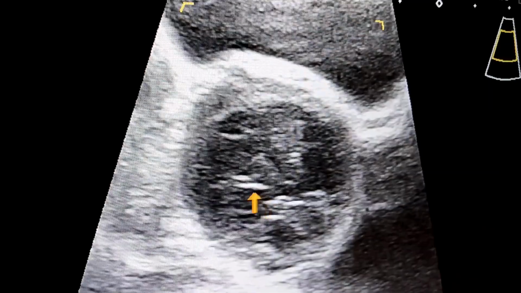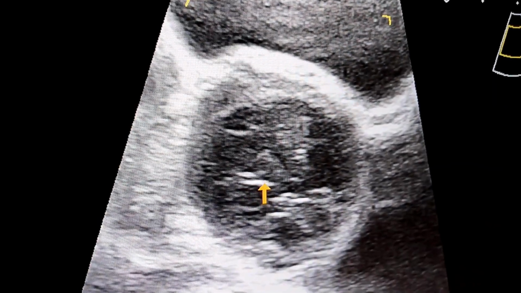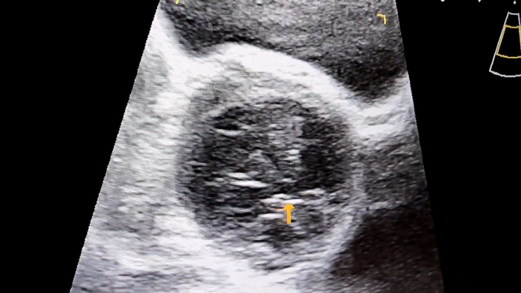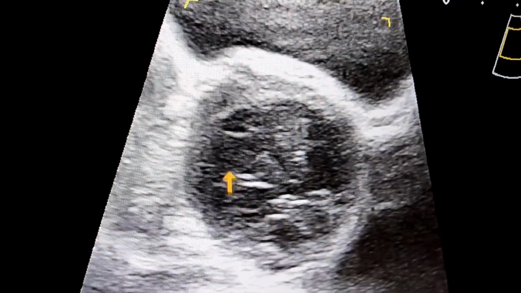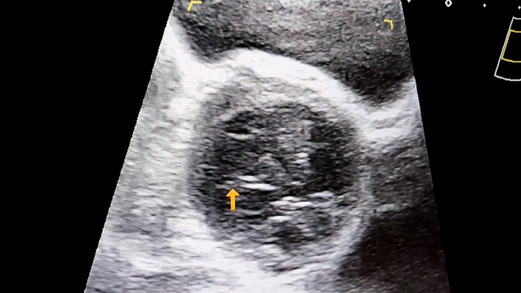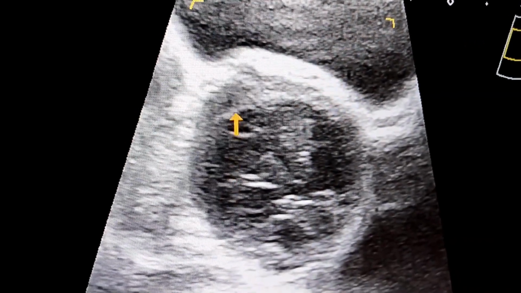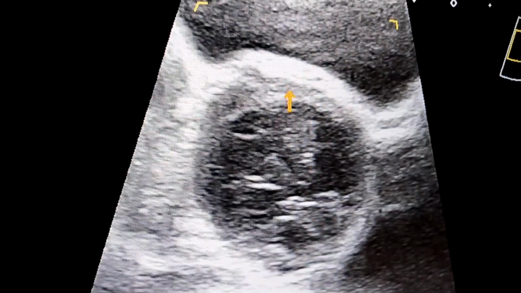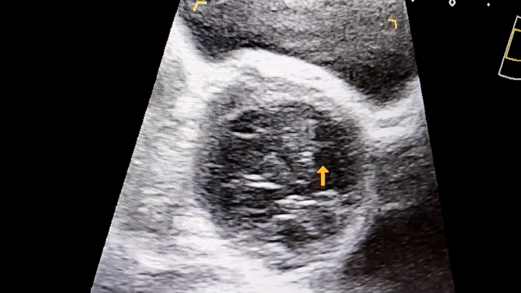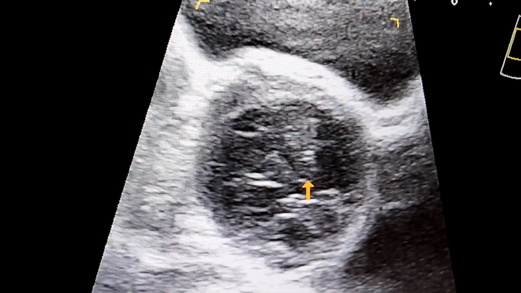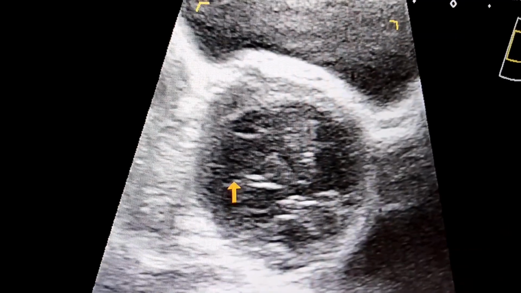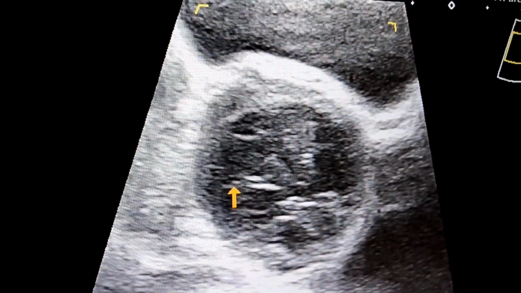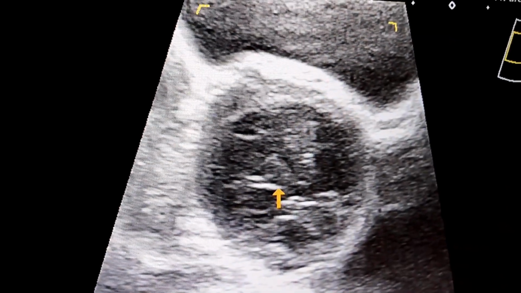So look here, these are the echogenic dot lines, this dot line, this dot line. So multiple echogenic dot lines are present within this thick wall cystic lesion. And we can also appreciate these internal echoes present within the lumen of the cyst.